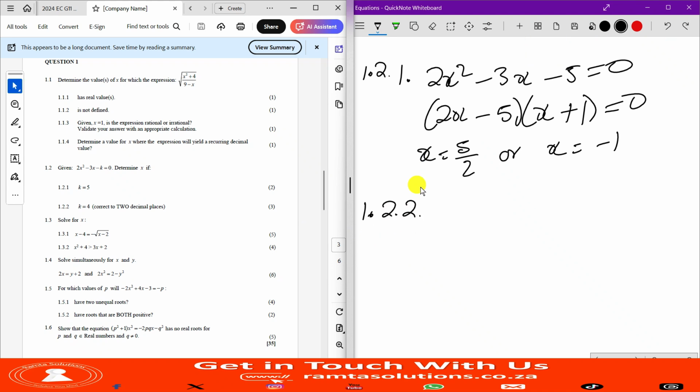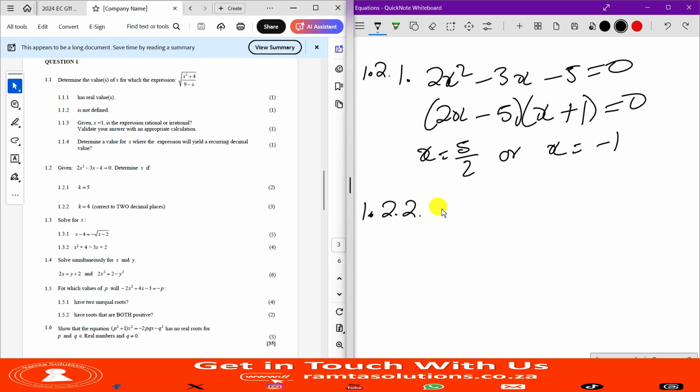1.2.2, and for those that are using this newest Casio calculator, for example, the FX991ZA, it'll help you with your equation as well. Okay? Cool. Now, here k is equal to 4. Now, correct to 2 decimal places.